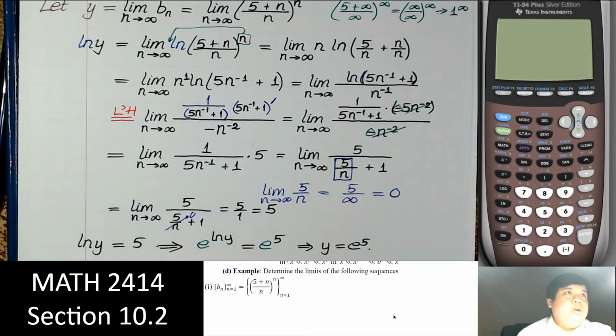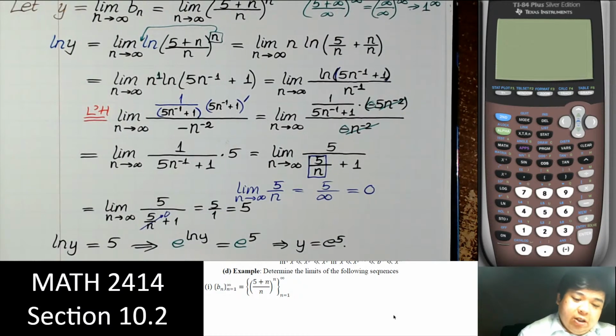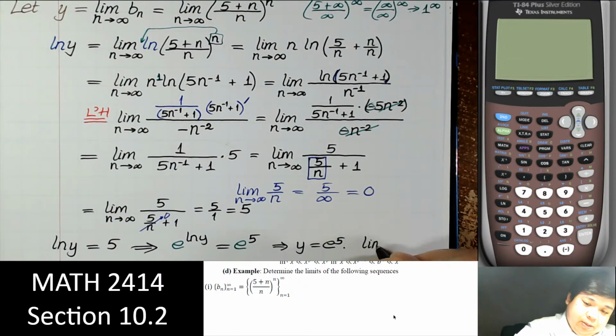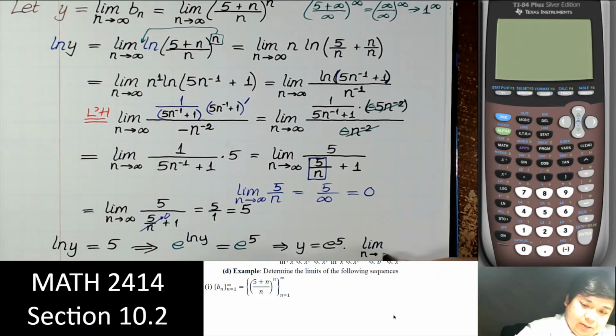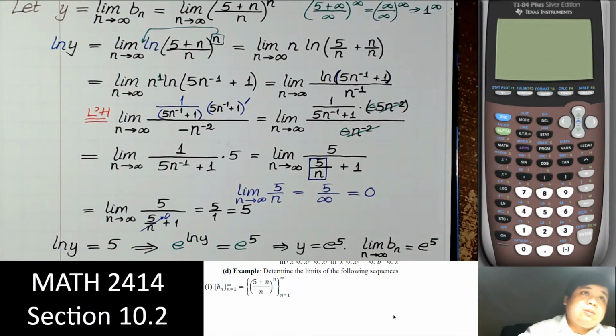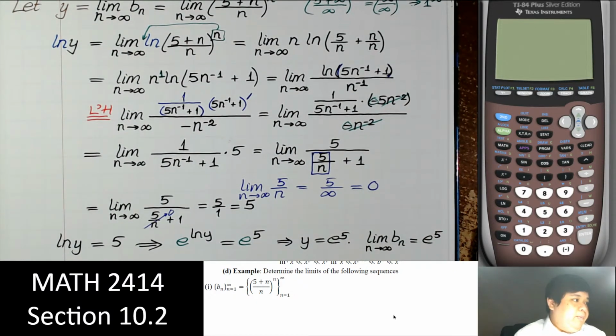So y is equal to e to the 5th power, and that is the limit of the sequence. Like I said, you should see this a few more times, where we use the Hospital rule and we have to take the ln on both sides.